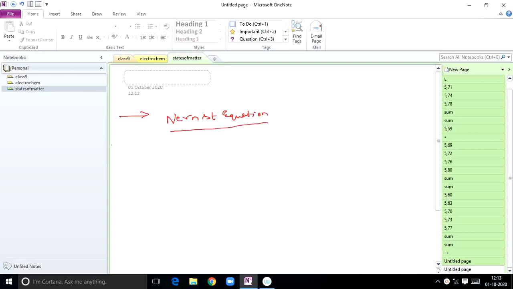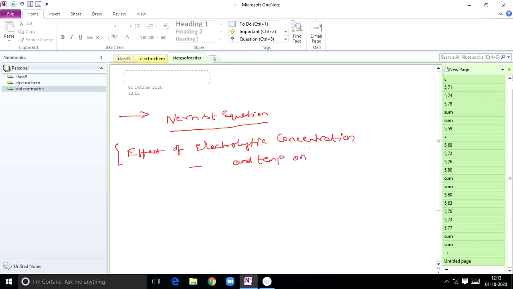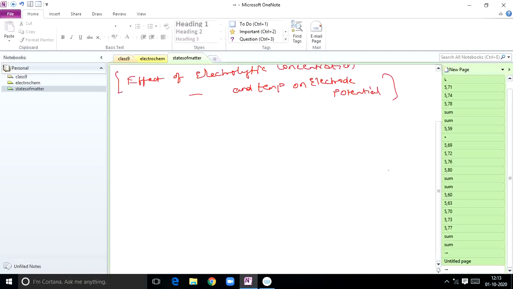The effect of electrolytic concentration and temperature on electrode potential.